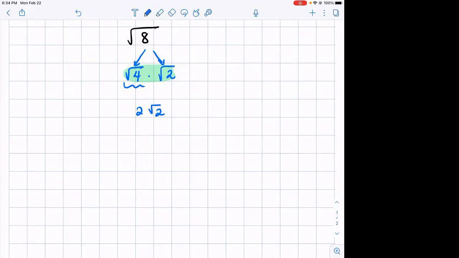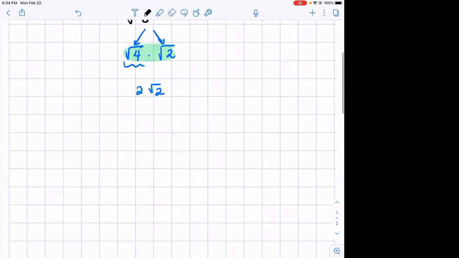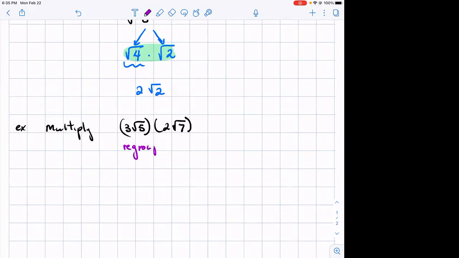So what do we do when we are multiplying? For example, to multiply 3 root 5 times 2 root 7, it's very important to notice that the index is the same for these radicals. So we can regroup, though you don't have to do it this way: 3 times 2.